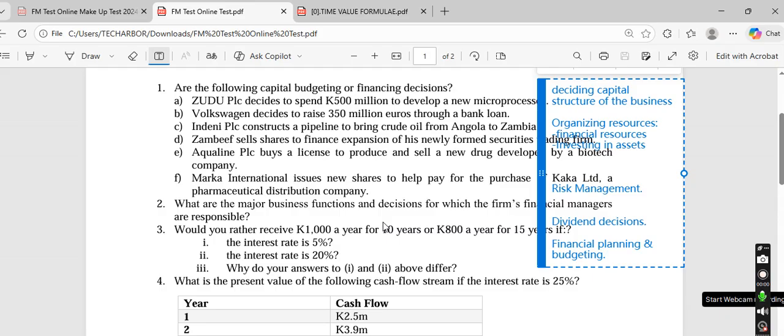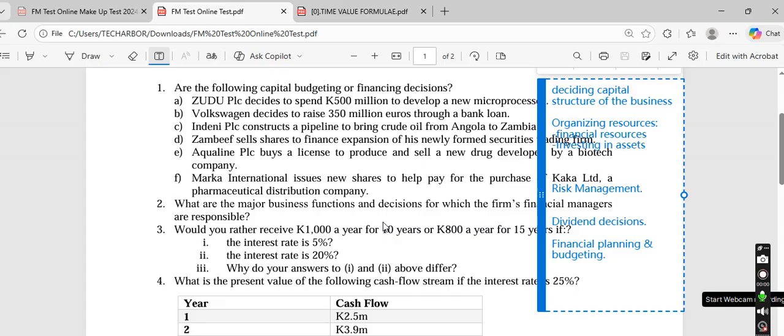Okay, any other? Also, financial managers report to the board or management, so they need to prepare financial reports and statements. Yes, and also evaluate those financial reports and statements.